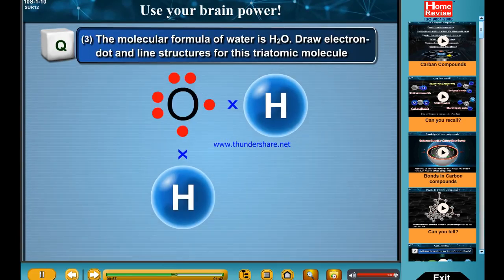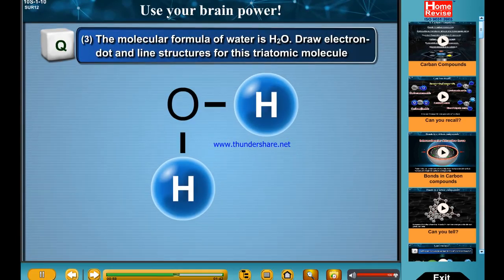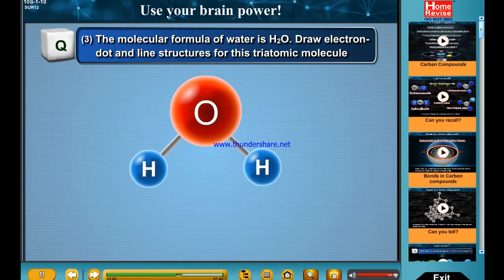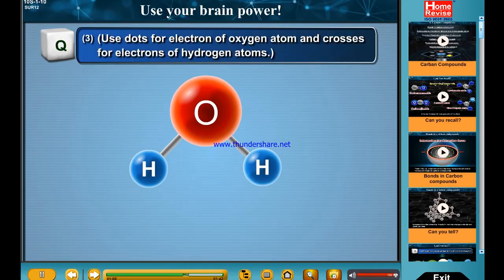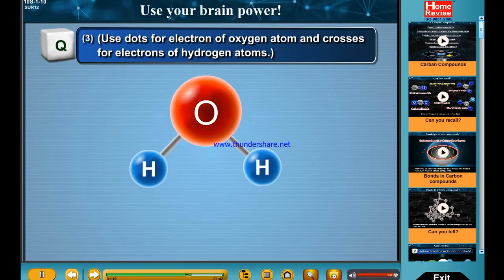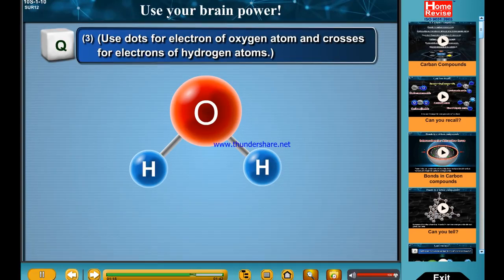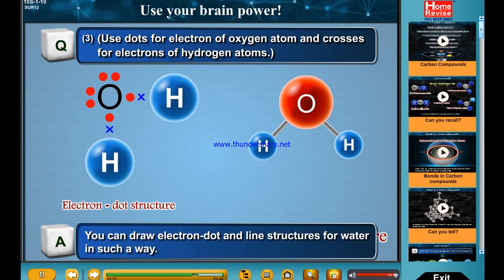The molecular formula of water is H2O. Draw electron dot and line structures for this triatomic molecule. Use dots for electron of oxygen atom and crosses for electrons of hydrogen atoms. You can draw electron dot and line structures for water in such a way.